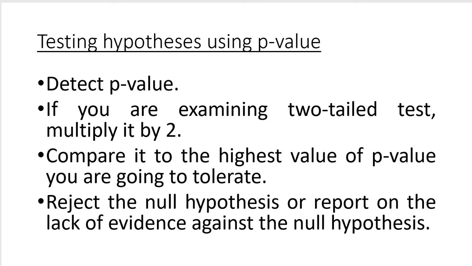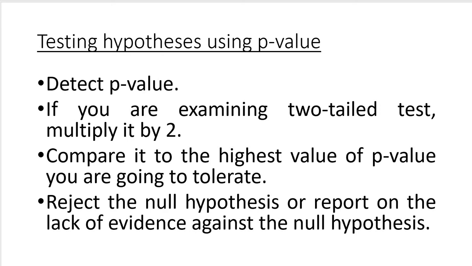Then you have to compare the obtained p-value to the highest value you can tolerate. And finally, based on p-value, you can reject the null hypothesis or report the lack of evidence against the null hypothesis.